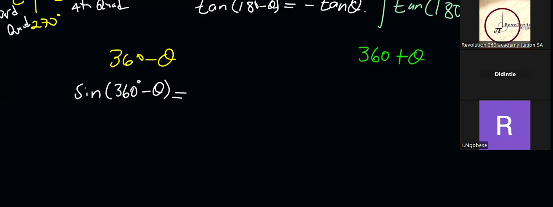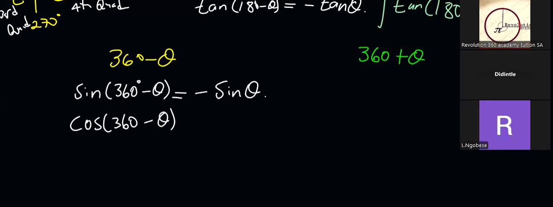Then if you're gonna say cos of 360 minus theta, we are on the fourth quadrant, and on the fourth quadrant cos is positive, hence this will become cos theta. Do you all understand? Yes, sir.